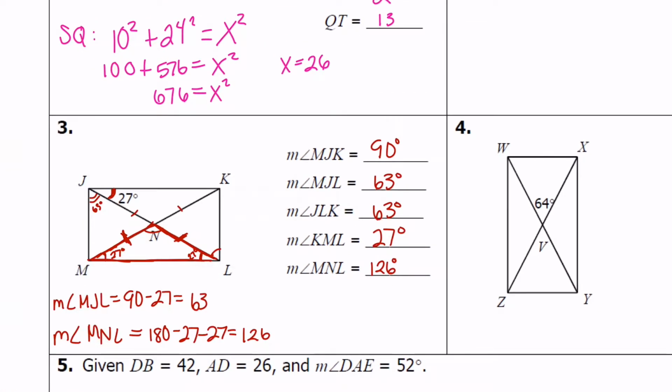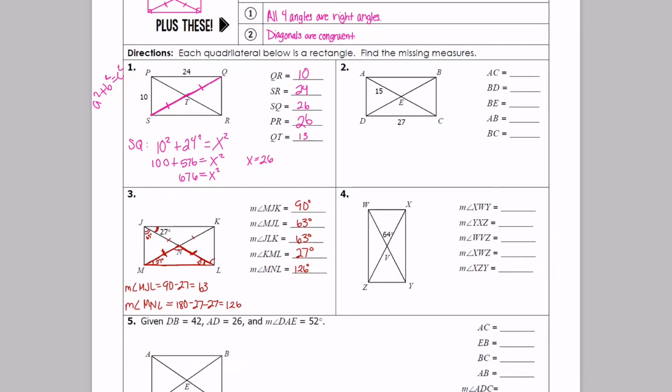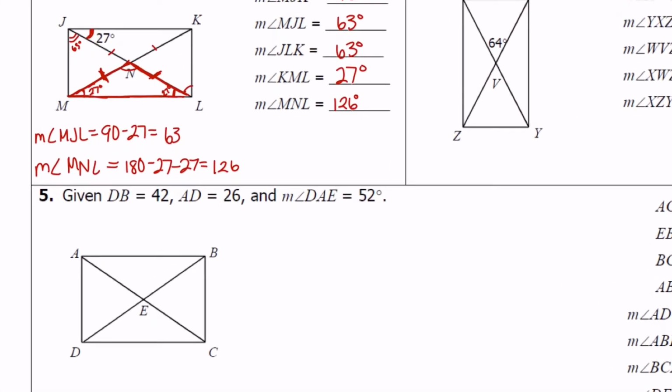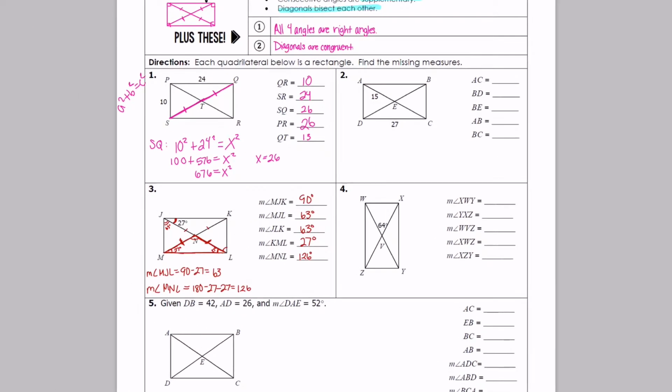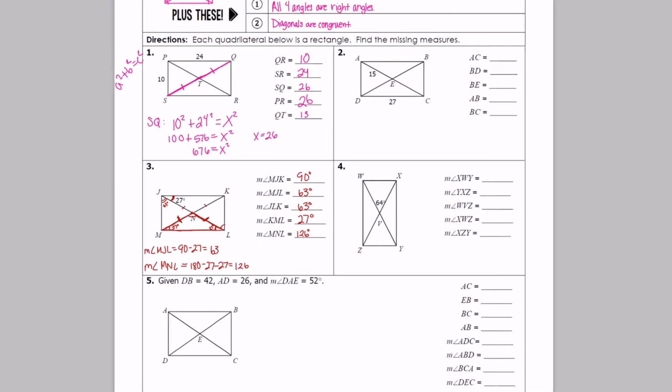Okay. Number 4 is a little bit tricky, but I want to see if you guys can do that on your own, as well as number 2. And then number 5 is putting those two together. So it's putting both types of problems, sides and angles, together.